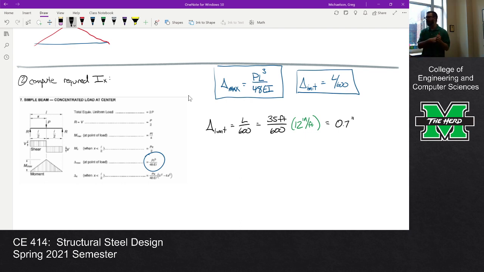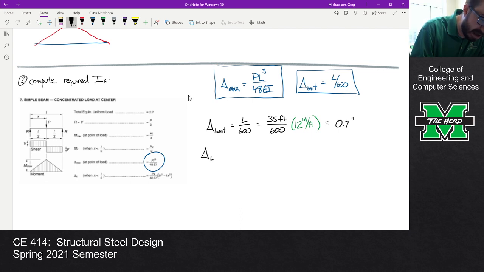Now, for the actual deflection, the live load deflection, we'll call it delta LL max. Let's see how we would compute that. So remember, for this beam, we have a live load of 40 kips.